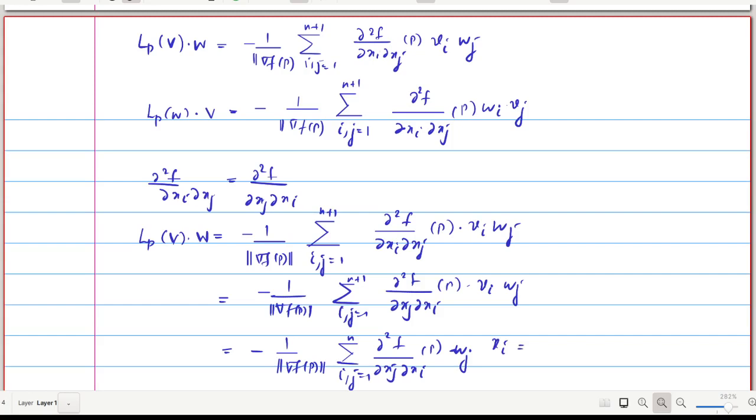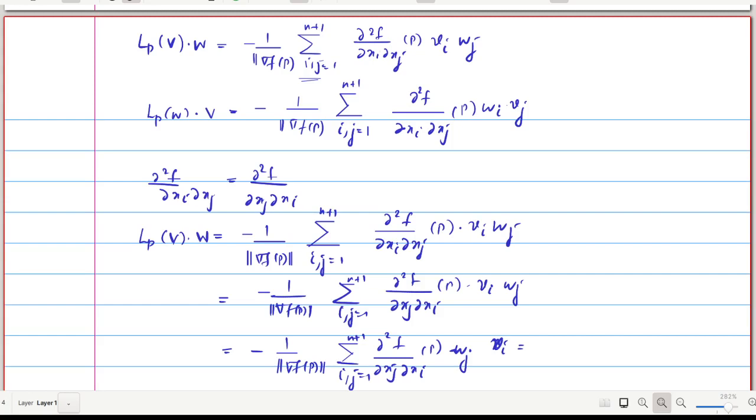So you can interchange this sum, this is from 1 to n plus 1. You can change the order of the summation. In this equation, if you take j equal to 1 to n plus 1 as the inner summation, you can interchange both, because it contains only a finite number of elements. So the interchange of the summation will not cause any change in this equation.